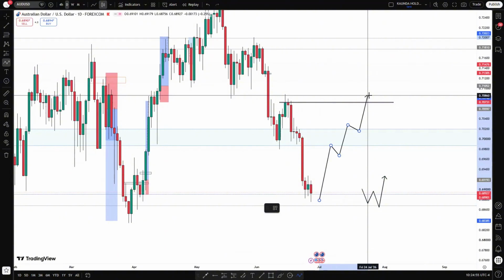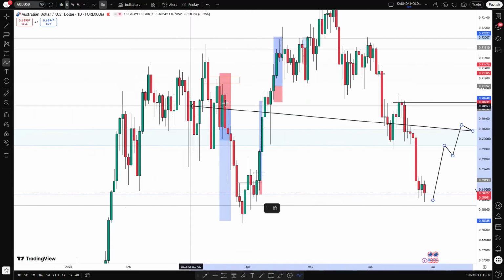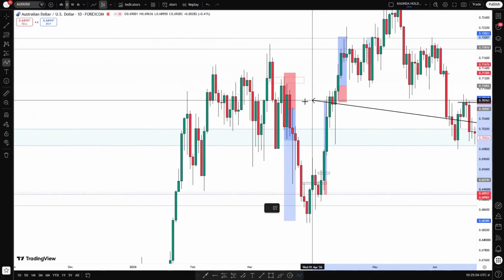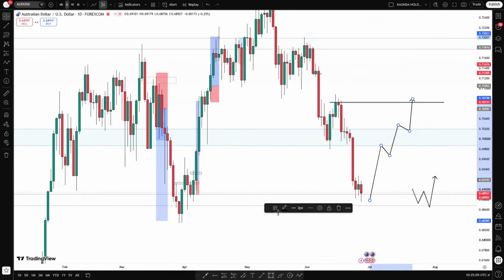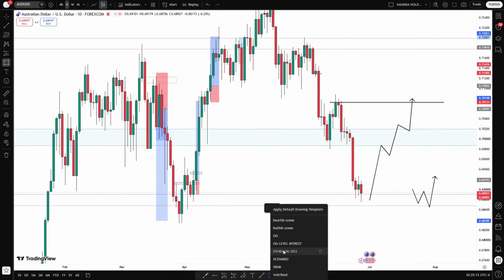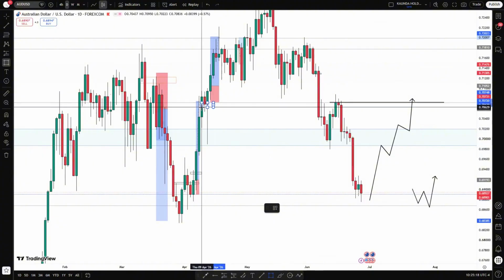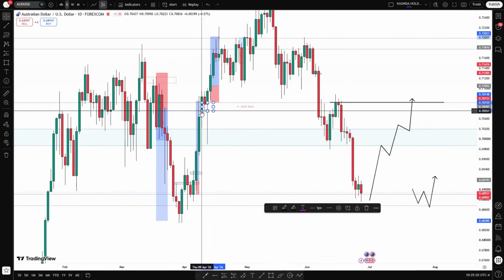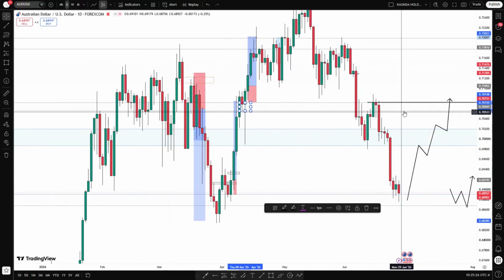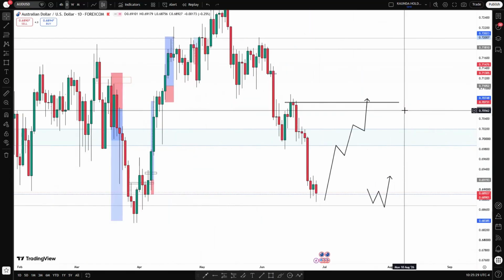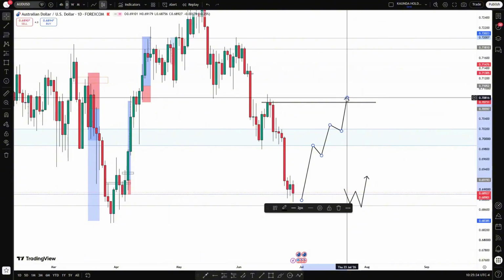But if you look at this level, it's an OG level where price has had, let me see if this is valid. I can only count one, two, three. Okay, it can be seen as an OG level. Nevertheless, this is the other way price can shift.